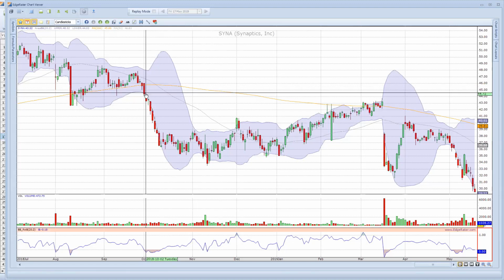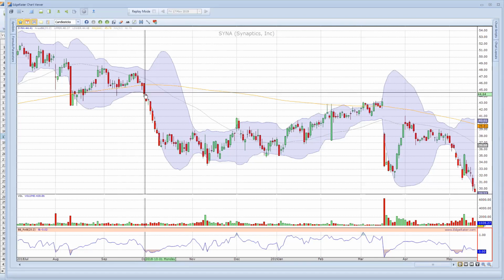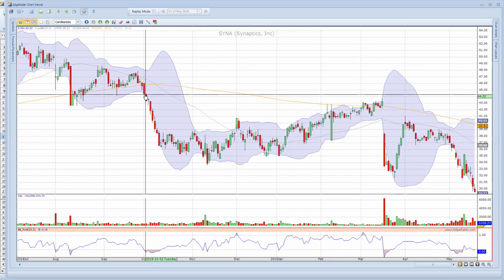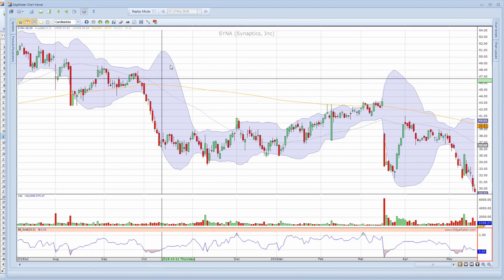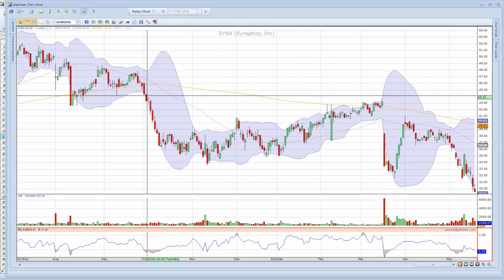Now, of course, in this case, and this is something that frequently happens, if the stock hits the lower Bollinger Band, where my cursor is pointing right now, that is an action point, and you might there be looking at price recovering and coming back across the band. Or what can often happen is the price just continues to fall.